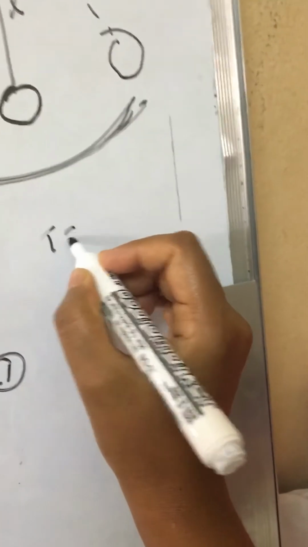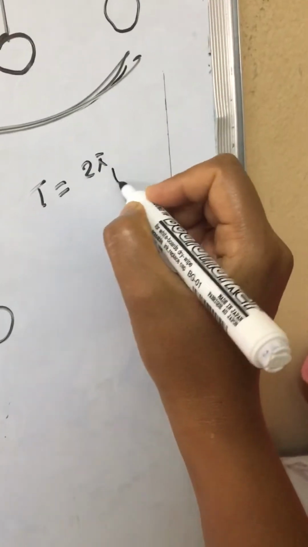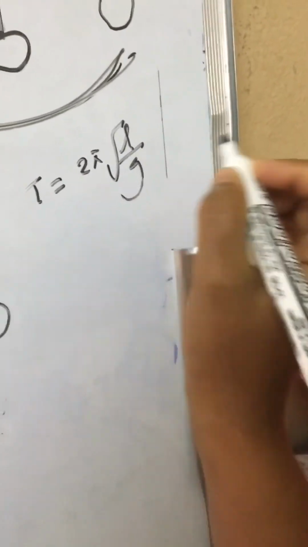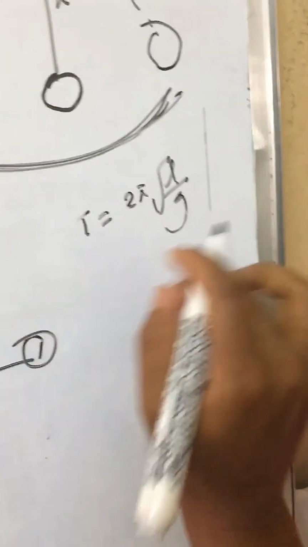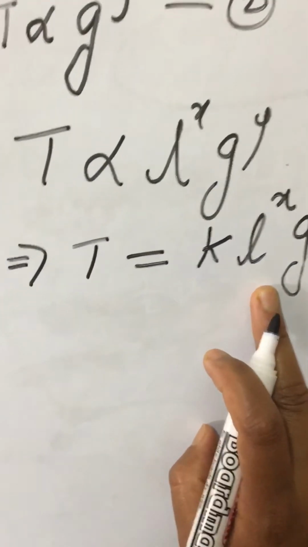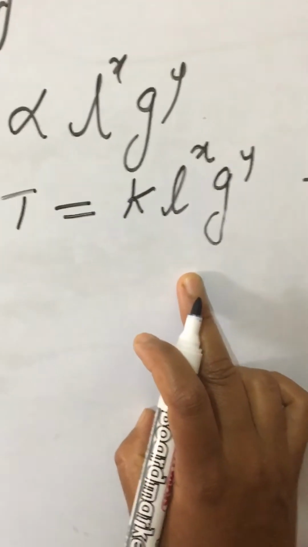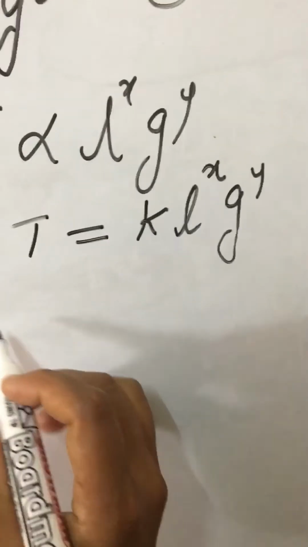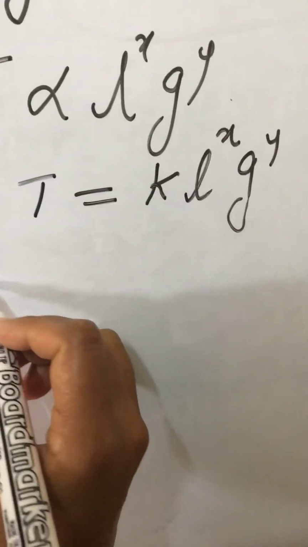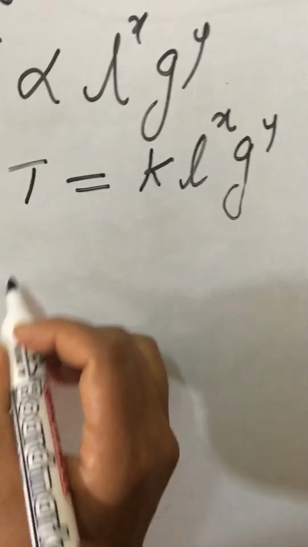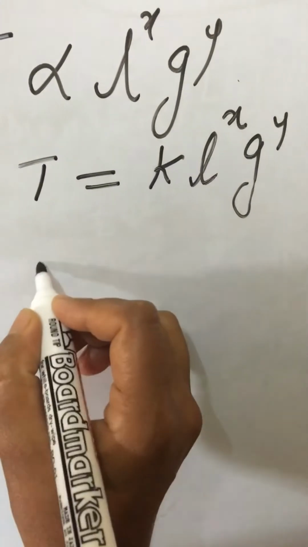The relation is T equals 2 pi root over L by g. This we are going to derive by using dimensional analysis.